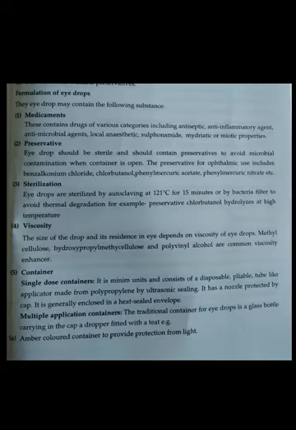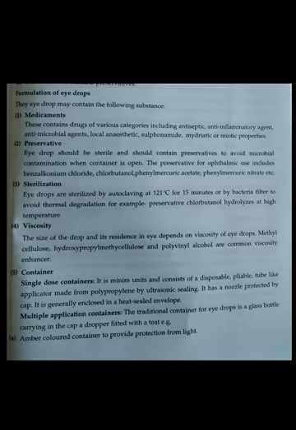Okay, then the next point is formulation of eye drops, meaning which contents are used during the formulation of eye drops. The first is medicaments. Why medicaments are used and which medicaments are used we are going to discuss.